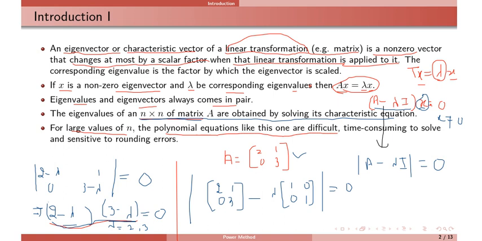For example, if matrix A has order 5, then you will get a polynomial of degree 5, and it is not always easy to solve. So to find eigenvalues, you need to solve the characteristic equation in lambda. In this chapter, we will find eigenvalues without solving the characteristic equation. This is the motivation of this topic.